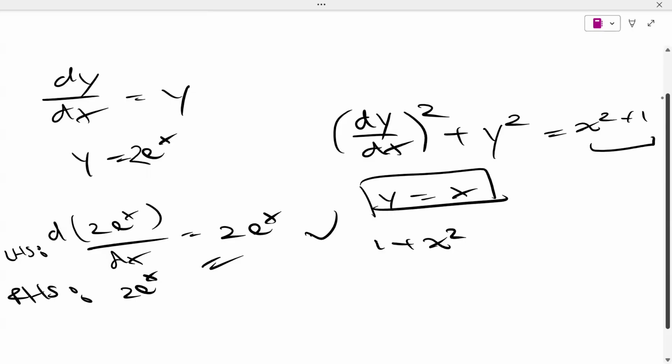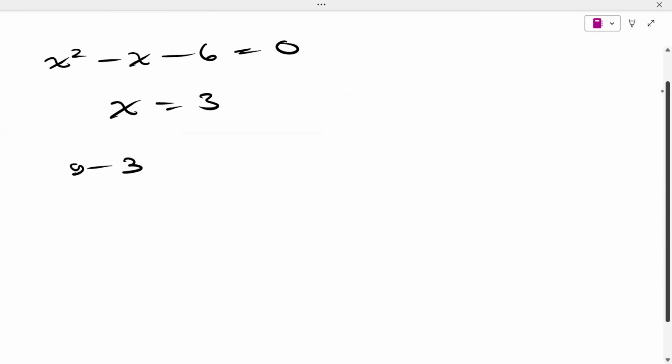So this satisfies this equation. Now, that's not the full answer. Again, going back to the example of x squared minus x minus 6 equals 0. Yes, you can guess x equals 3 is a solution. So 9 minus 3 minus 6, right? Yes, it's 0.